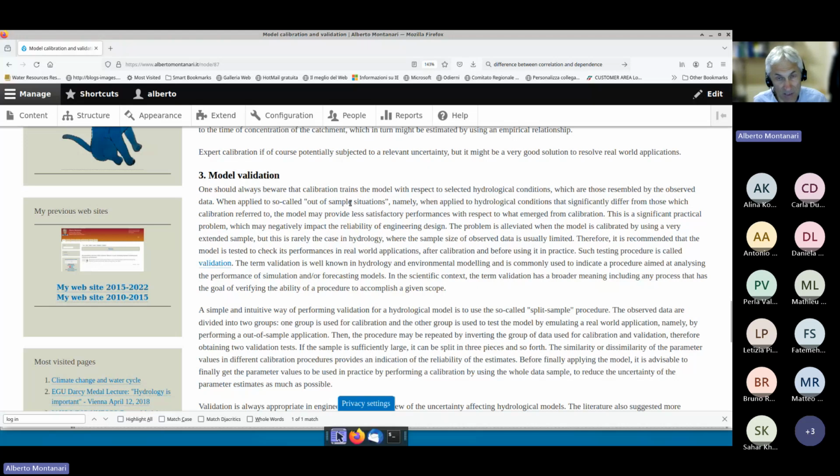So basically, I calibrate a model, but then I want to test it. I want to test the result of the calibration. And this is perfectly fine. Before applying a model, especially if you are responsible for the results in some way, it is highly advisable that you make a testing.